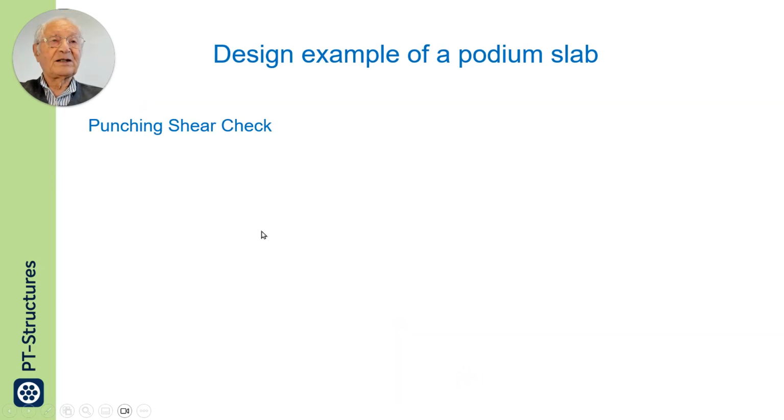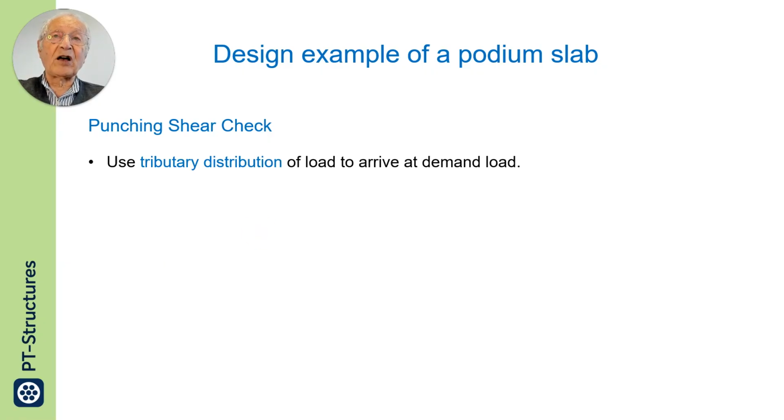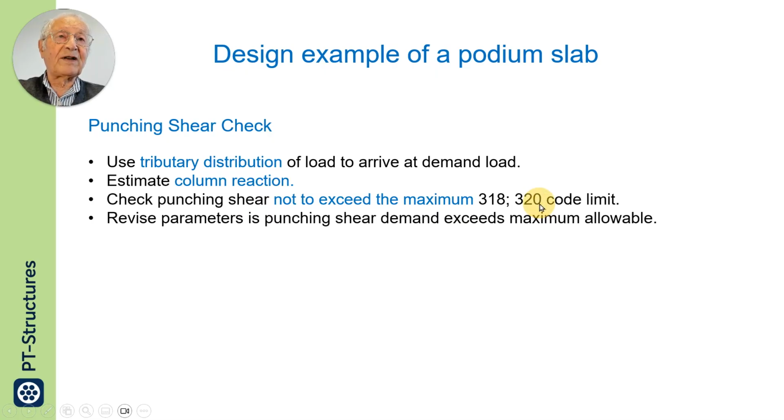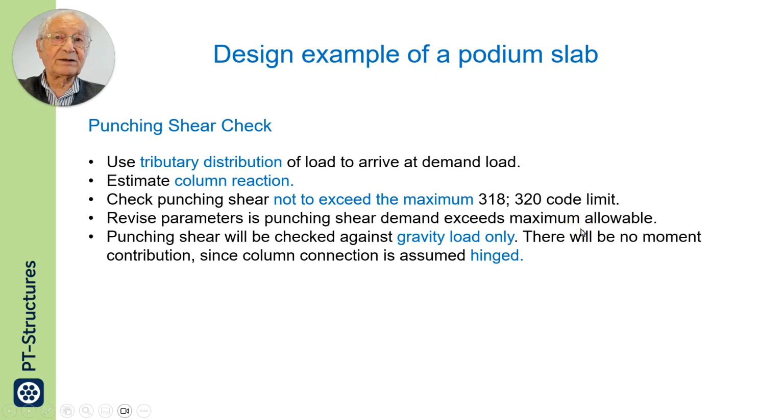So therefore, for this, I go to punching shear to make sure that I do not exceed the maximum allowable. I use the tributary distribution of load to arrive at demand value. I estimate column reaction, calculate the shear stress not to exceed the code value. I revise the parameters if punching shear demand exceeds the maximum allowable value.